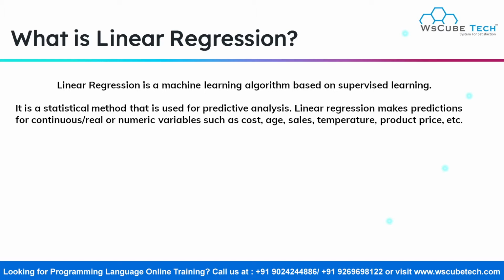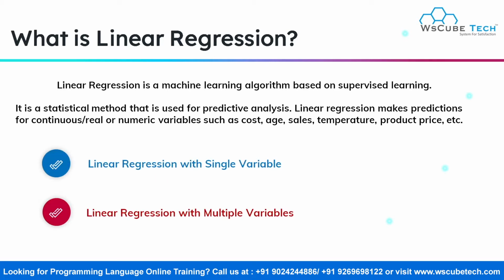In all of these examples, we have a numeric value. We are not going to have categorical columns, like day and night, gender such as male and female, or black and white. So we would be dealing with numeric values in linear regression.